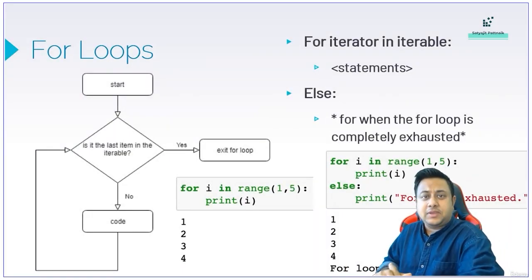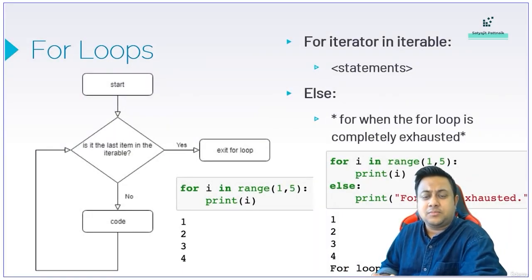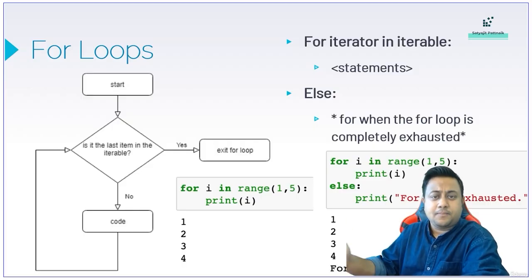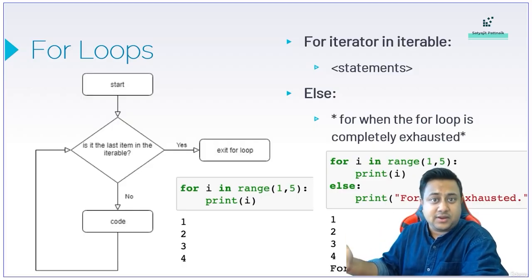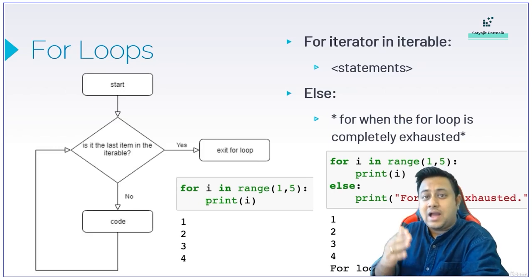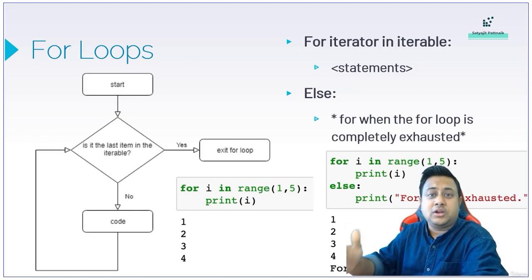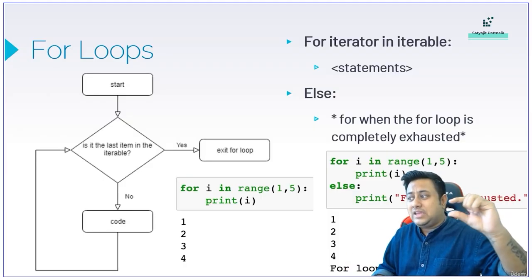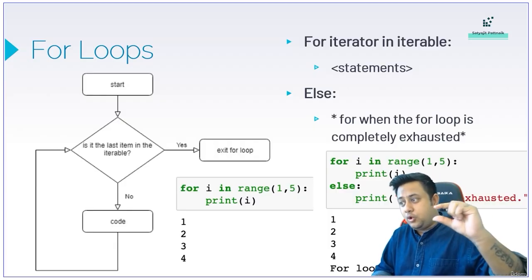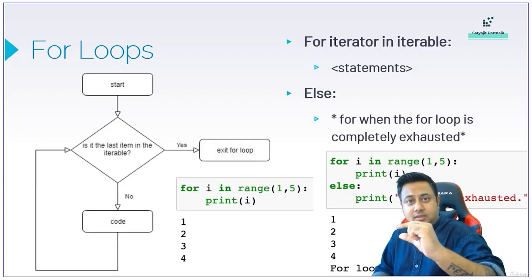Well, theoretically speaking, when you define a for loop, it keeps on doing until that condition is satisfied. Now, for an example, for i in range of 1 to 5, print i, else print for loop exhausted. So the first time, when i is 1, the loop is run and 1 is printed.